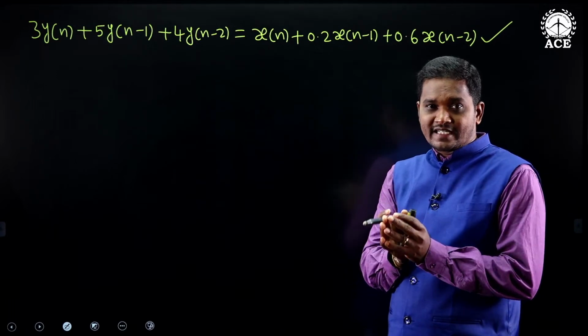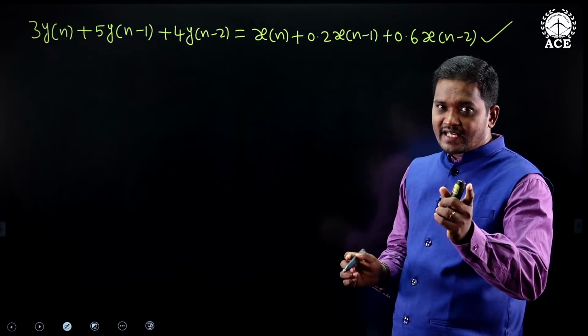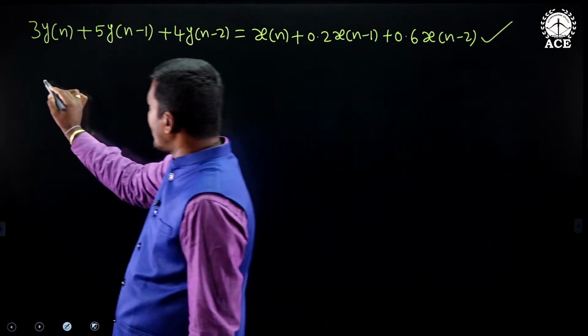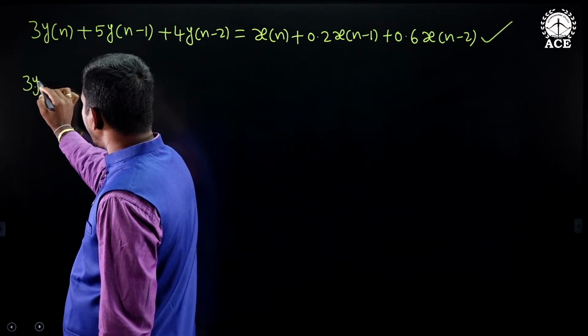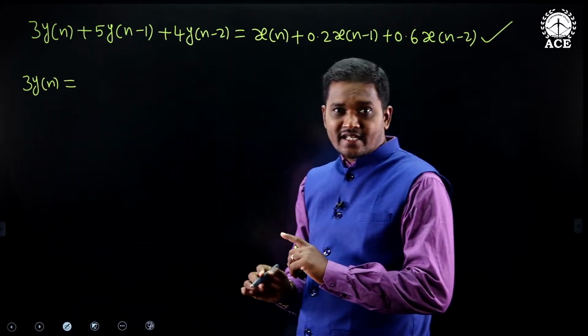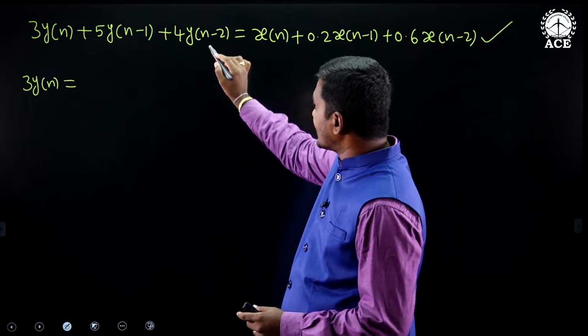What is the procedure for the difference equation? Always the LHS should be y of n. Only y of n should be there on the LHS. On the RHS, first write the x terms.